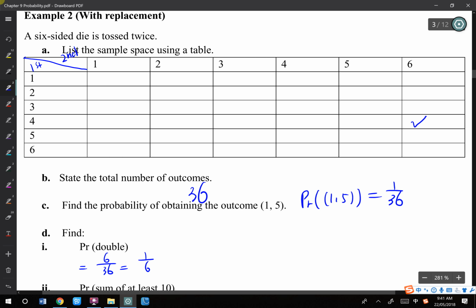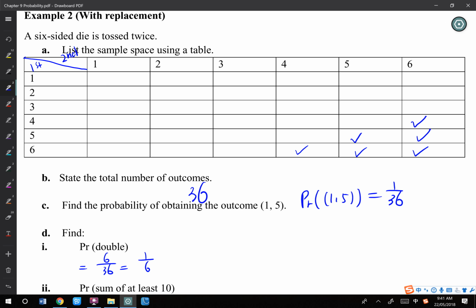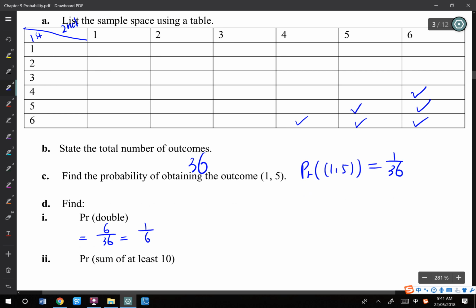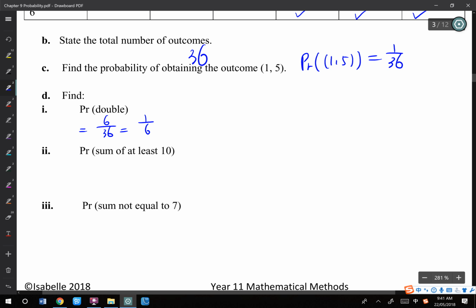Or I can get a 5, 5 and 6. Or I can get a 6, so 4, 5, and 6. They are the outcomes that can give you more than or equal to 10. So I have 6 such outcomes: 4, 6, 5, 5, 5, 6, 6, 4, 6, 5, and 6, 6. So that equals 6 out of 36, which equals 1 on 6.